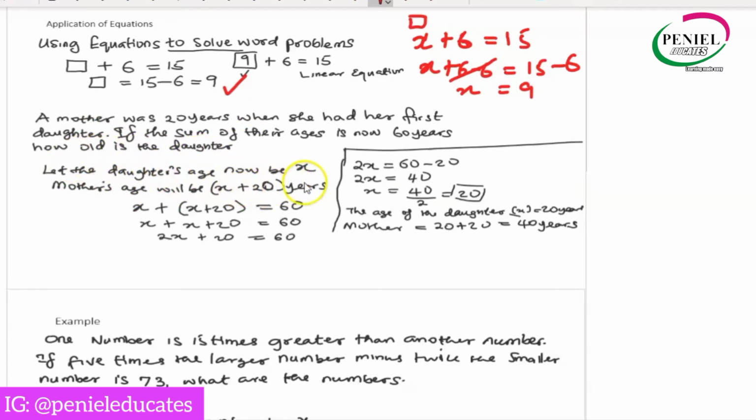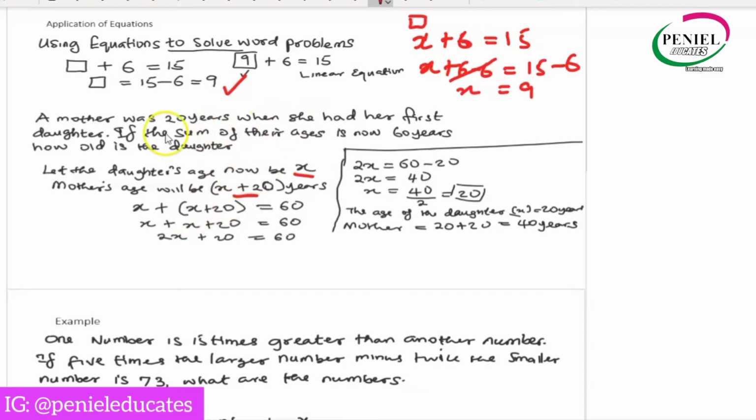Then the mother's age will be x plus 20, because we know the mother was 20 years when she had her first daughter.